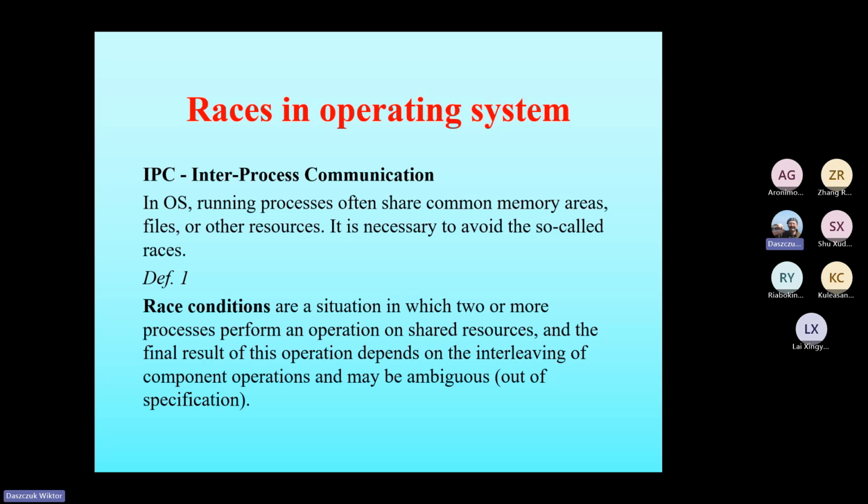Problems occur when processes use common resources. In the case of the pipe, there are two kinds of resources. First is the pipe itself.